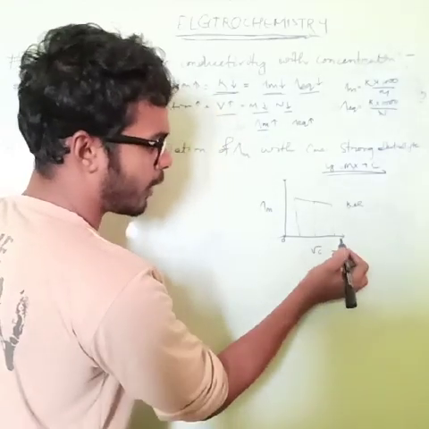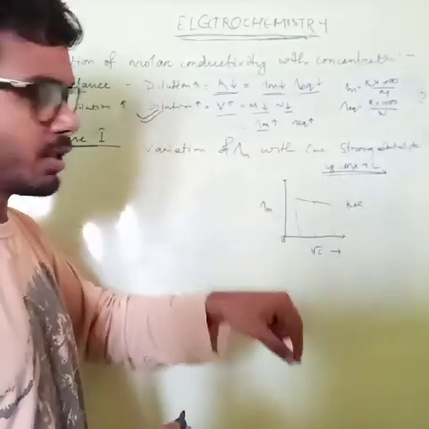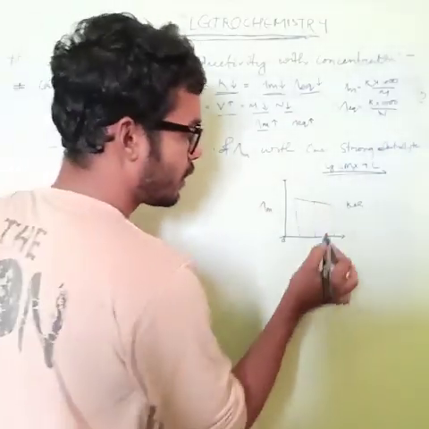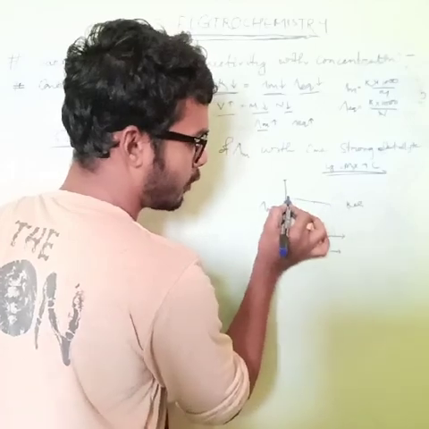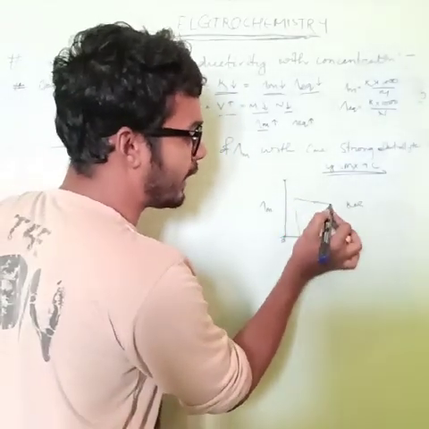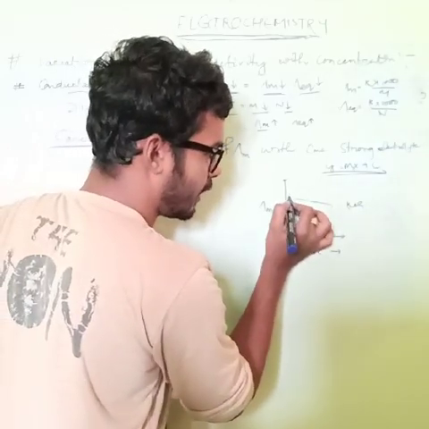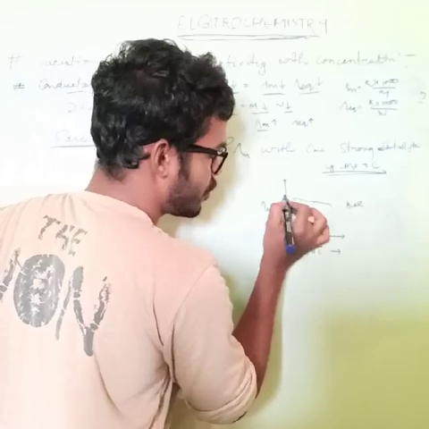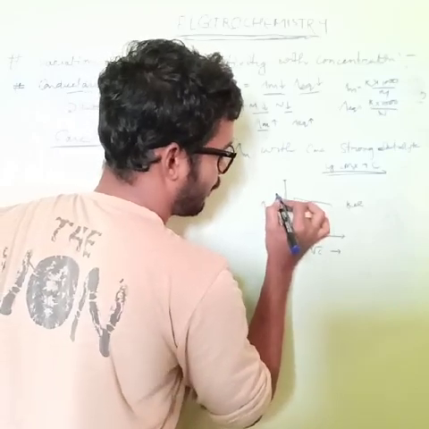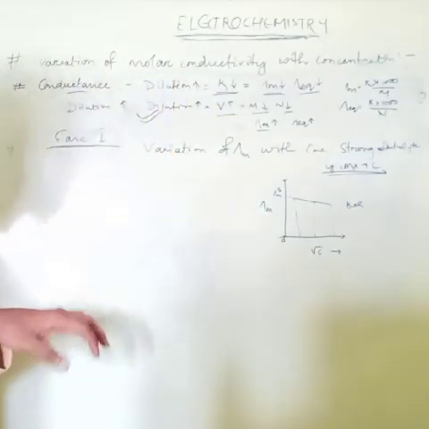As he went from high concentration towards low concentration, that means dilution, what happens to the conductance value on dilution? It increases, with a slight slope, and this is lambda m infinite.